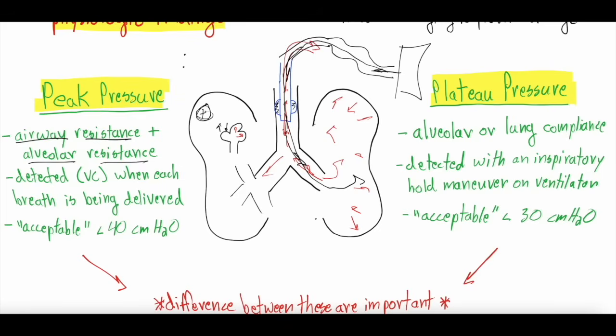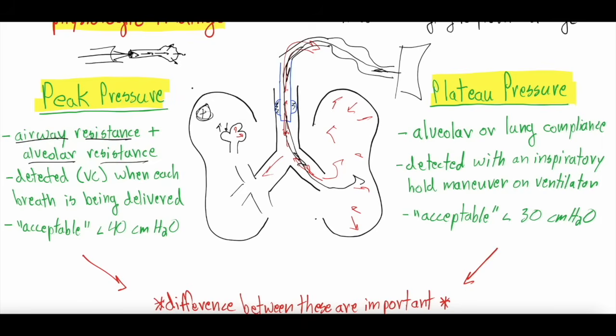Right? If we just make this more simplistic, let's just picture you had a pump, right? Here's your pump. It's got a little nozzle at the end, and that nozzle is kind of plugged in to a pipe, right? And then there's a balloon on the end of that pipe. The peak pressure would be the pressure it takes you to pump a breath through this pipe into the balloon and then start to inflate the balloon. Right?